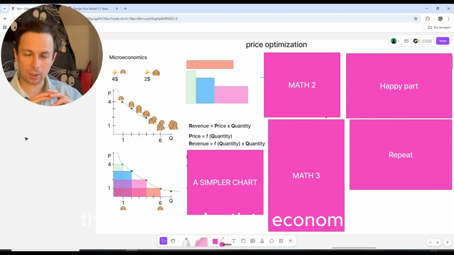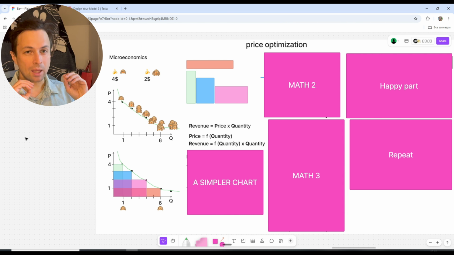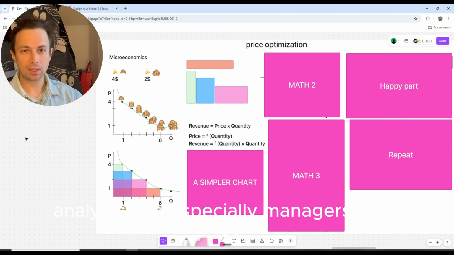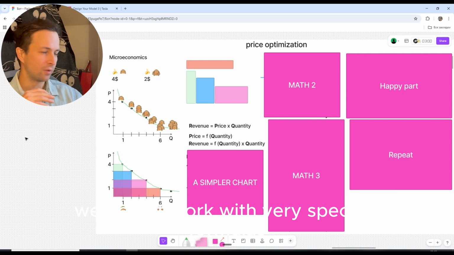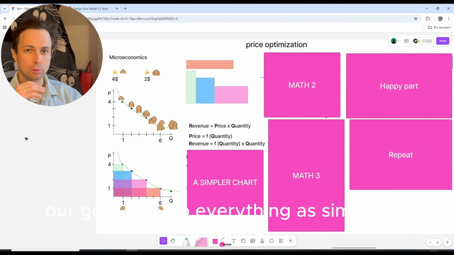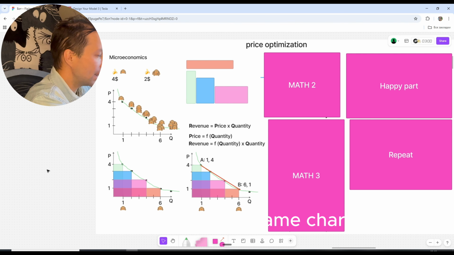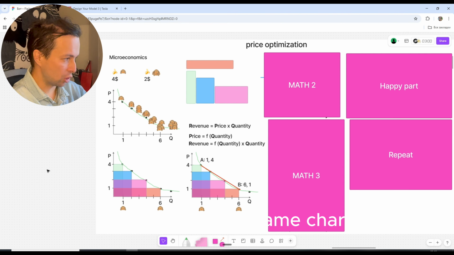That's what scientists, economists, analysts, and especially managers do a lot. We do not work with very specific formulas. Our goal is to do everything as simple as possible. So let's look at the simpler chart. Basically, it is the same chart.